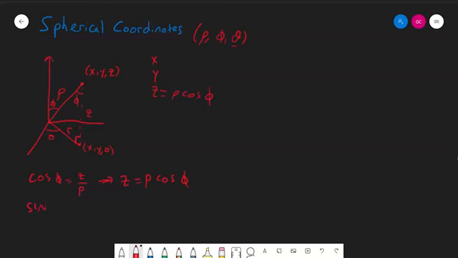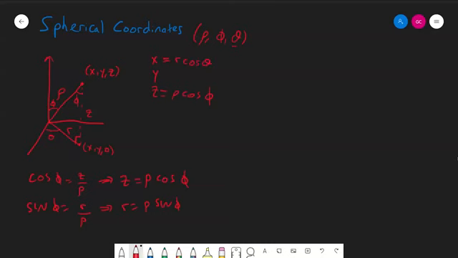Sine of phi is r, the opposite side, divided by rho, the hypotenuse. And so r is rho times sine of phi. And remember from last time, in cylindrical coordinates or polar coordinates, x you would normally write as r cosine of theta.